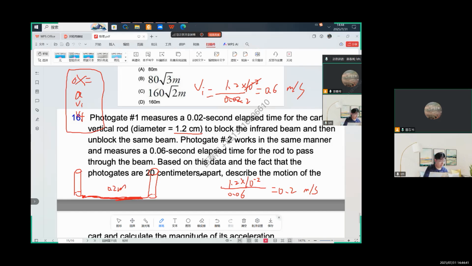So vf squared minus vi squared equals 2a delta x. Delta x is 0.2, the final squared minus 0.6 squared equals 2a times 0.2. Does it make sense? Okay, so this is the one.